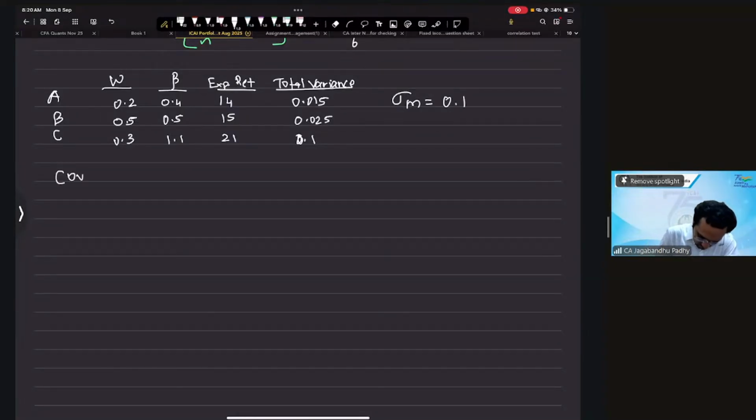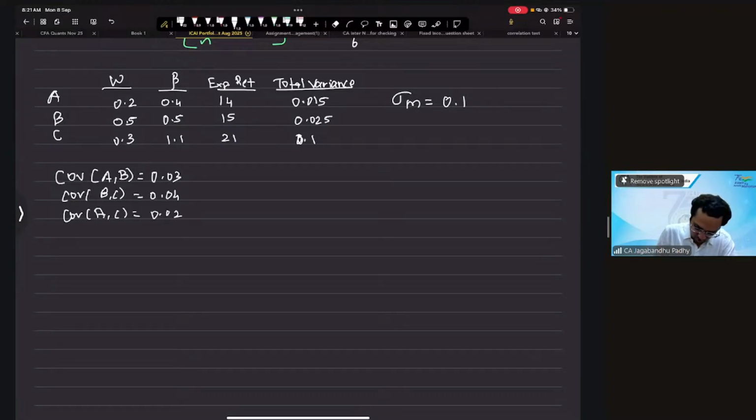Then we have covariance between A and B to be 0.03. Covariance between B and C 0.04, and covariance between A and C is 0.02.